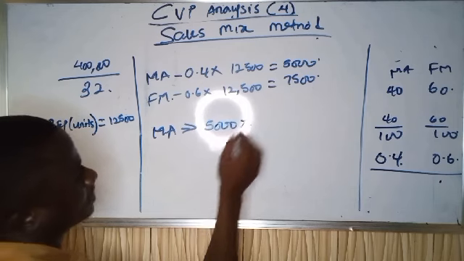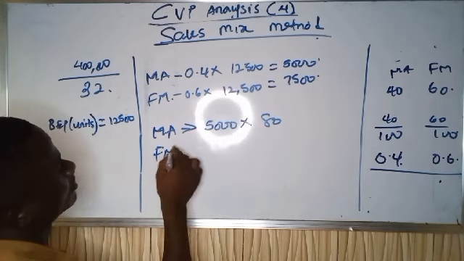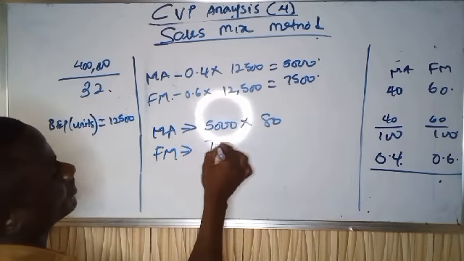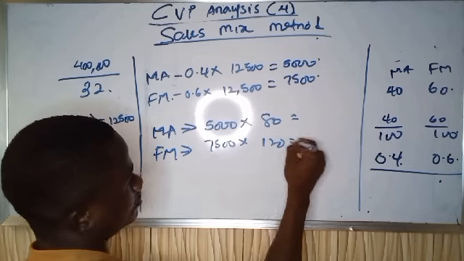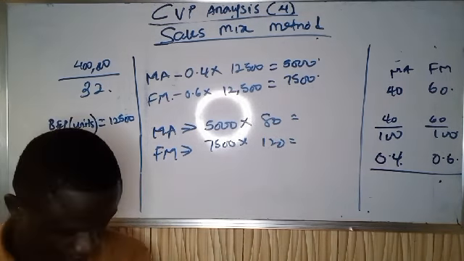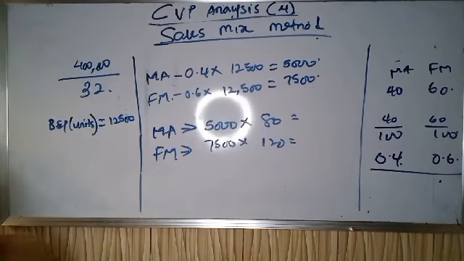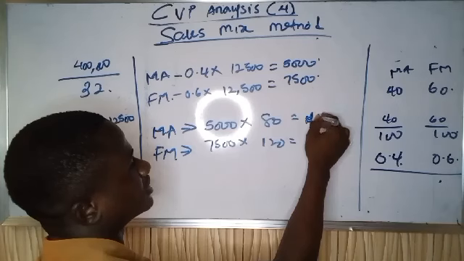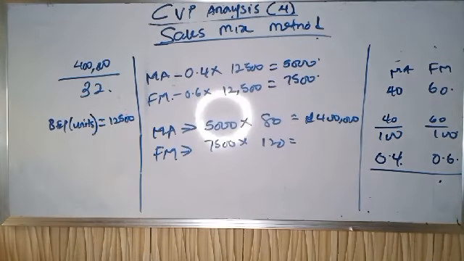5,000 multiplied by, how much is the price per unit of MA? Price per unit of MA is 80 naira, and for FM it is 7,500 multiplied by price per unit of FM, which is 120. So 5,000 multiplied by 80, 400,000 naira is what I generate from selling MA to break even.